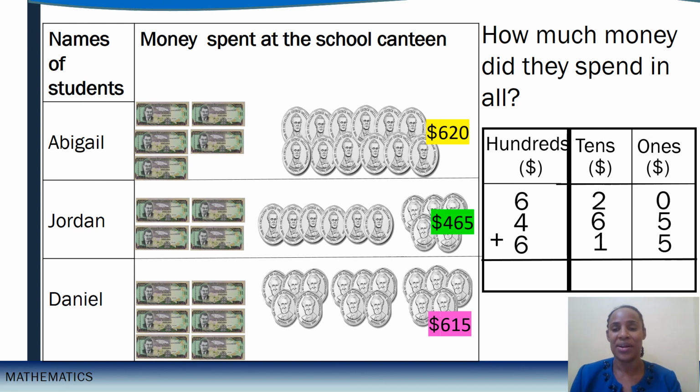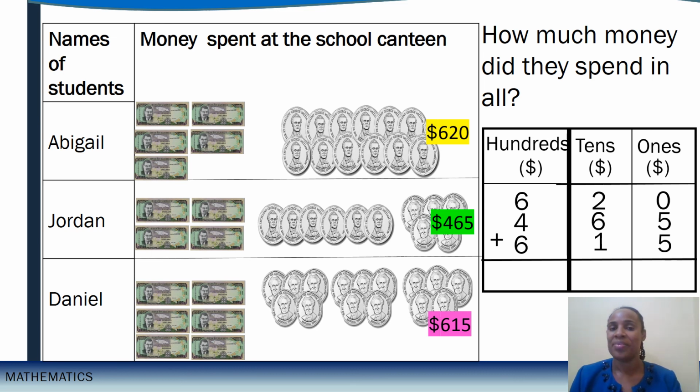Now, boys and girls, when we're adding, if we come across a number that can be renamed, I want you to clap. At the sound of the clap, I will stop and we will have a discussion about which number we need to rename and what we will rename that number as. Are you ready, boys and girls?